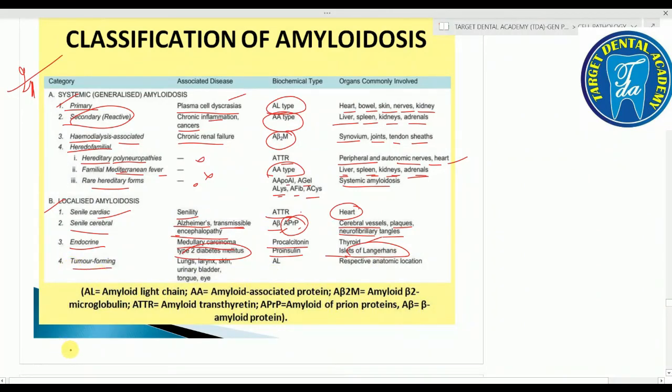Last is the tumor forming type, the associated diseases are in the lung, larynx, skin, urinary bladder, tongue and the eye, while the biochemical type includes AL, which means amyloid light chain, and the organ involved is the respective anatomic location.